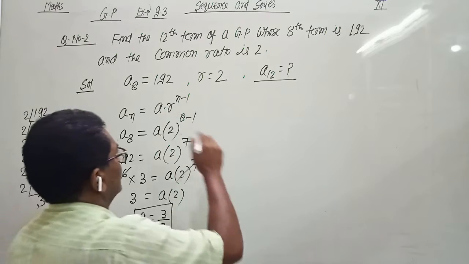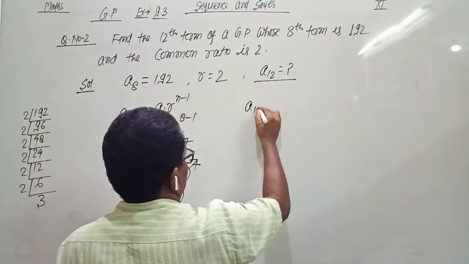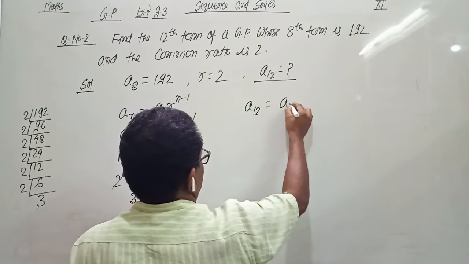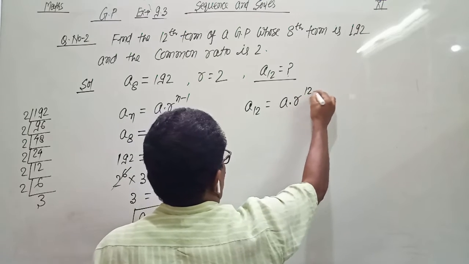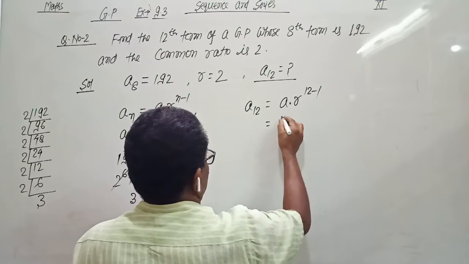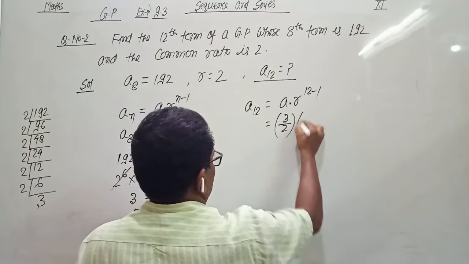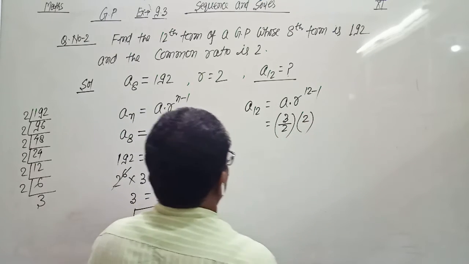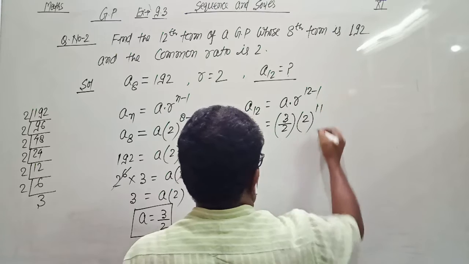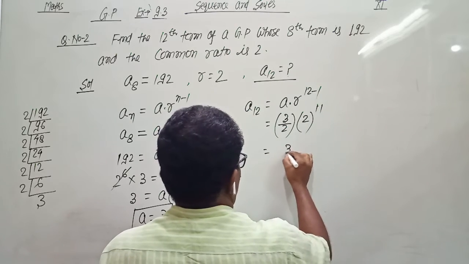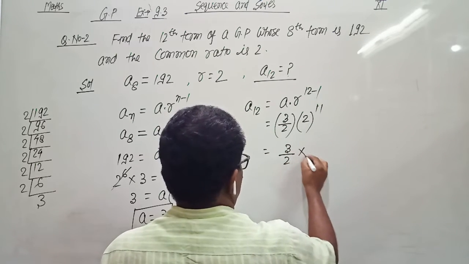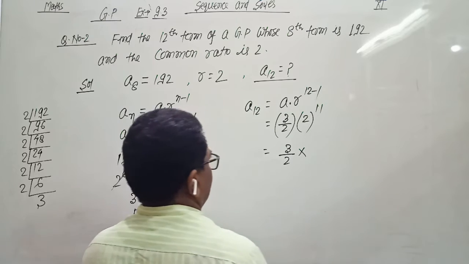Now we have to find the 12th term, a12. a into r raised to the power 12 minus 1. The value of a we have calculated is 3 by 2 and common ratio is 2 raised to the power 12 minus 1 is 11. So 3 by 2 into 2 raised to the power 11.